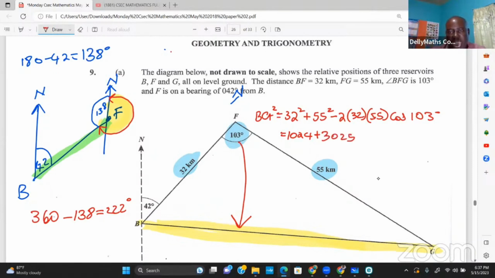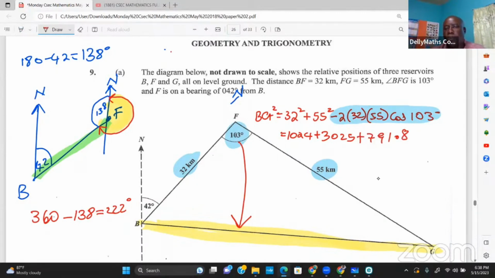And then now I'm going to put all of this on the calculator at once. All of that from -2. So it's -2 times 32 times 55 times the cosine of 103, and I'm getting a positive 791.8.